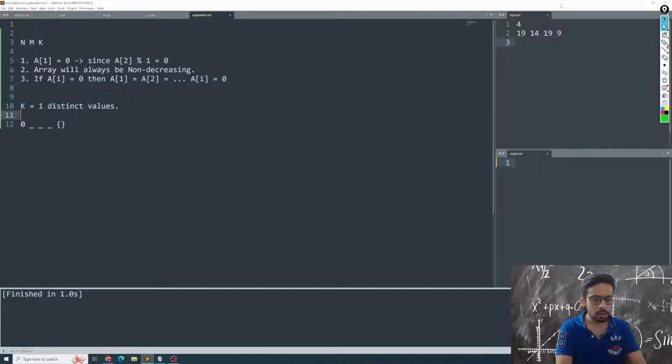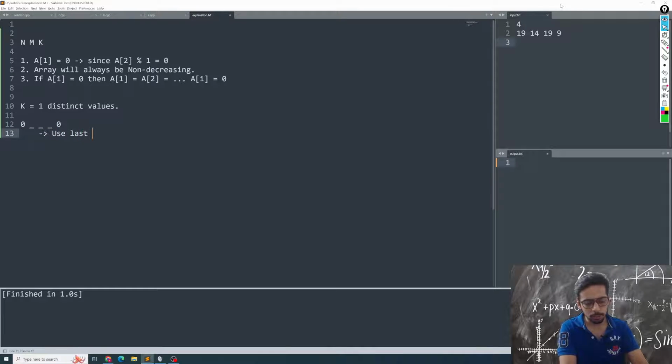The last element, if it is anything other than 0, 2, 3, x, there will be at least two distinct values, 0 and that number. So the last number has to be 0, and from our observation, this array becomes 0, 0, 0, 0, 0, 0.